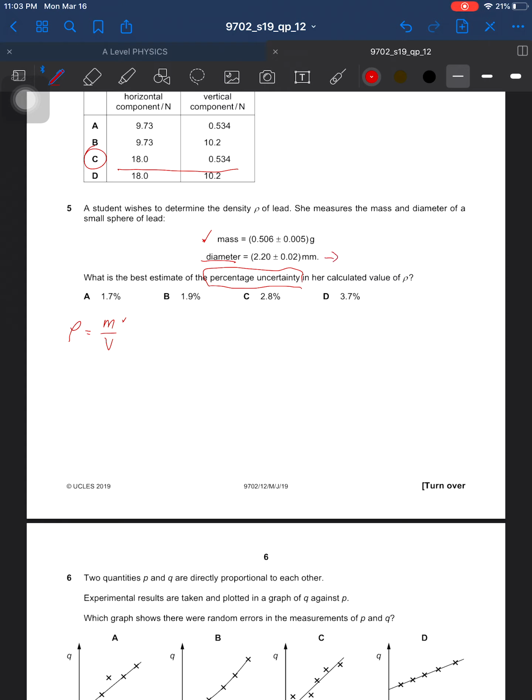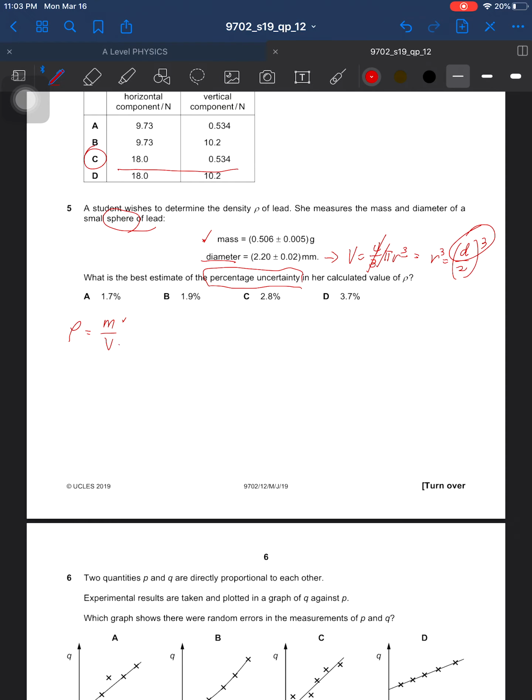To calculate the volume using the diameter of a small sphere, v must be equal to 4 over 3 pi r cubed. In terms of diameter, you don't need the constants. You just have r cubed, which is d over 2 cubed, so you have d cubed.